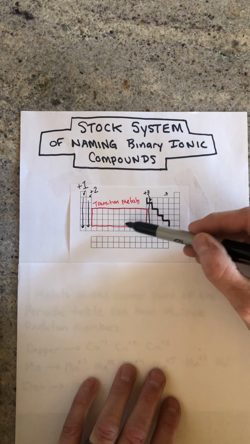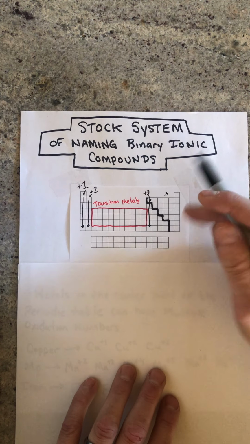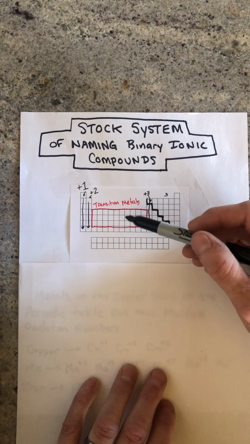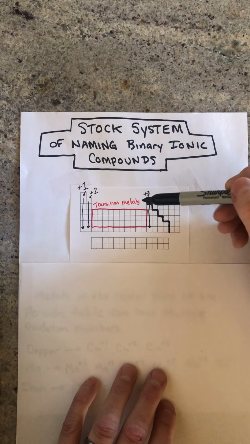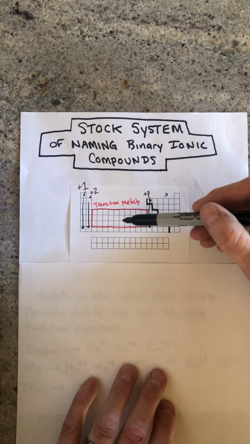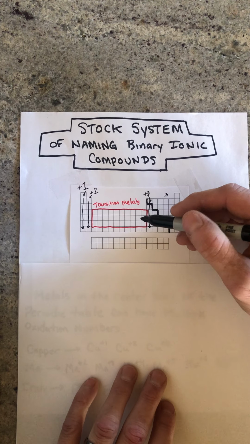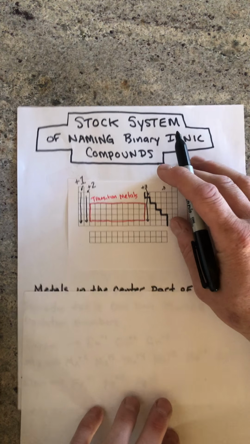The problem with these guys in the middle, which we call the transition metals, is that they have what I like to call multiple personalities. They don't oxidize with a real consistent oxidation state like these other columns do. They're always positive numbers because they lose electrons, but they could be +1, +2, +3, all within the same element.